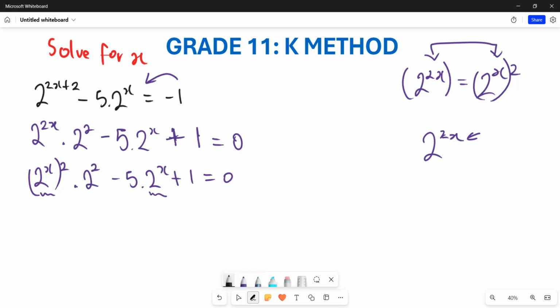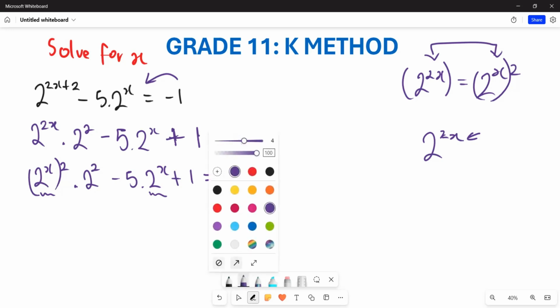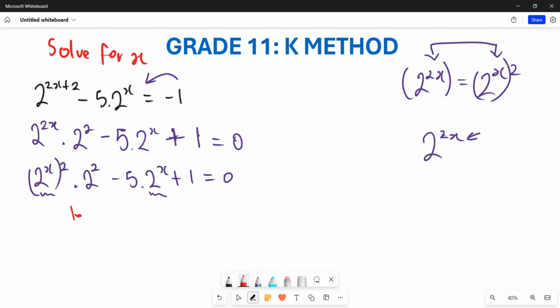Now you are going to let your 2 to the power of x be equal to k. Which means everywhere where you are having 2 to the power of x, you're going to write k.